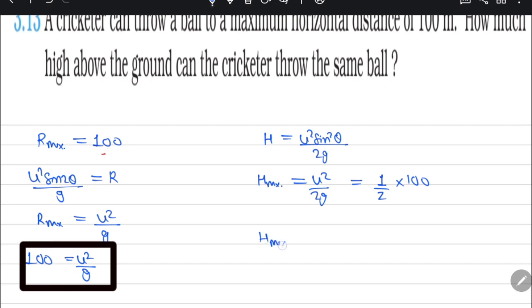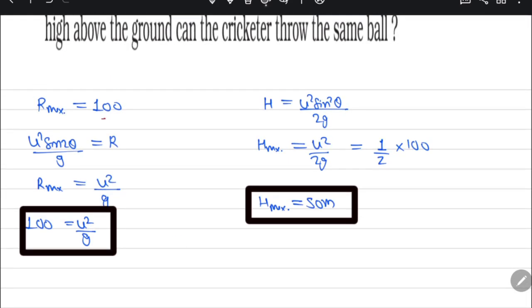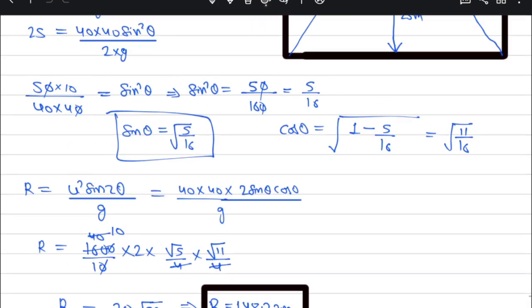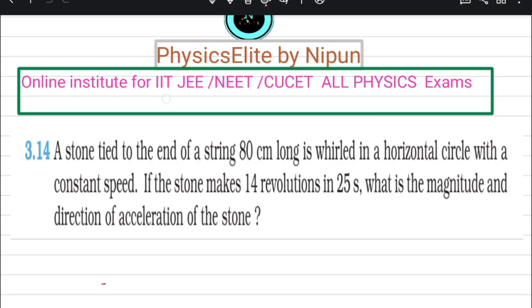So h max they can find, that is 50 meter. Understand now? In this they have given range maximum and they are asking maximum height, and in the previous question they have given maximum height and they are asking range. Right. I proceed for our next question.